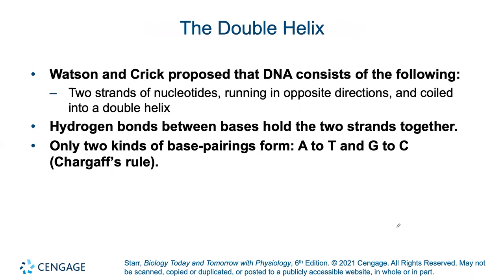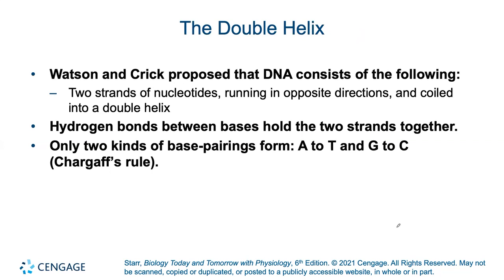Watson and Crick proposed that DNA consists of two strands of nucleotides running in opposite directions, coiled into a double helix. Hydrogen bonds between the bases hold the two strands together, and there's only two kinds of base pairings that are found in DNA, A to T and G to C, and those were Chargaff's rules, right?